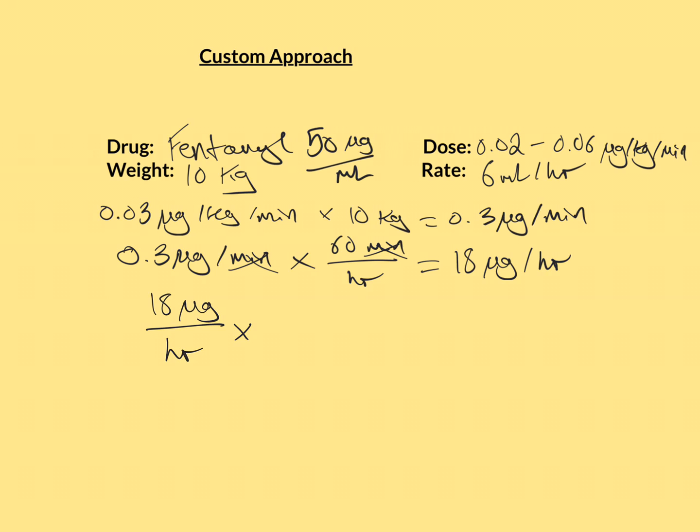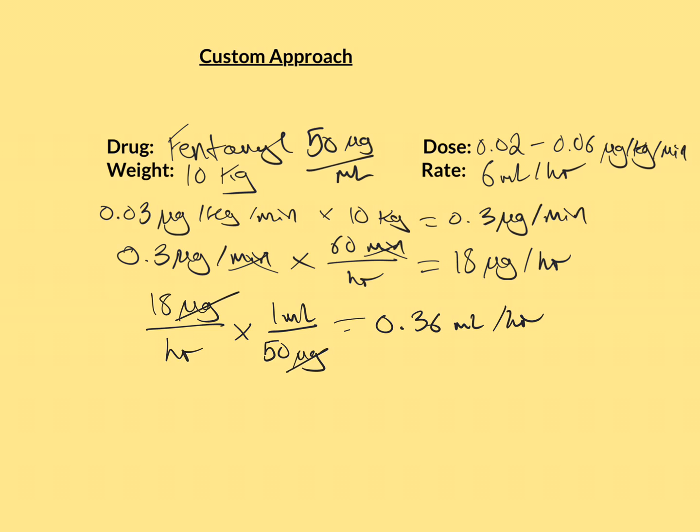So we know that in every bottle there are 50 micrograms per mil of fentanyl. Our units are going to cancel out again, so we're going to do 18 divided by 50. We're going to end up with 0.36 mils per hour.